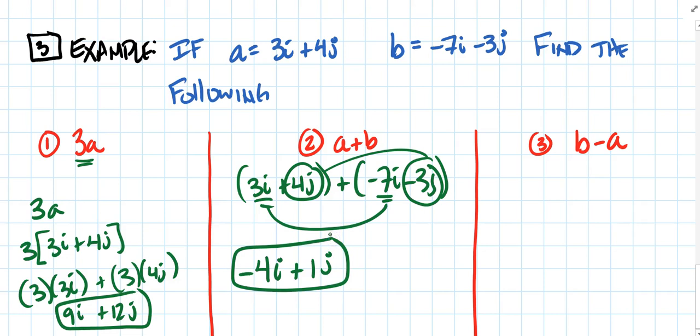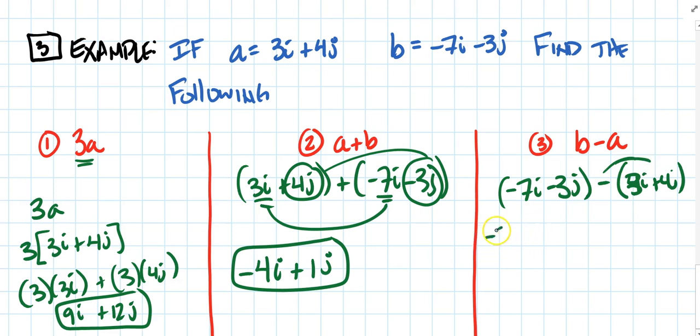Similarly, if I wanted to do b minus a, I would just write down vector b's components of negative 7i minus 3j. And I would subtract off 3i plus 4j. And remember to distribute that minus sign. So I'd have negative 7i minus 3j minus 3i minus 4j.